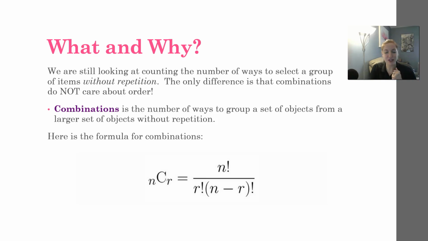That's why it's very important to watch that first. Notice this time instead of a P, you have a C for combinations. You guessed it. And then N again is going to be the size of your group you're choosing from, and R is going to be the size of the group you have to choose.